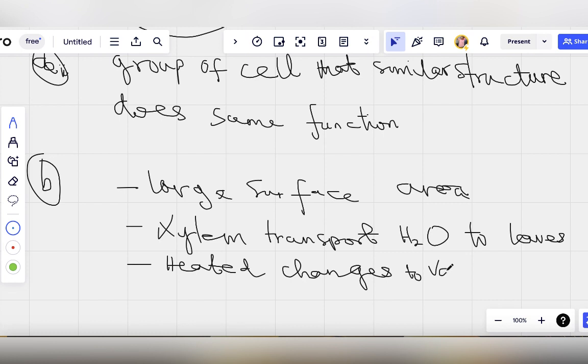You can say large quantity. Changes to vapor.